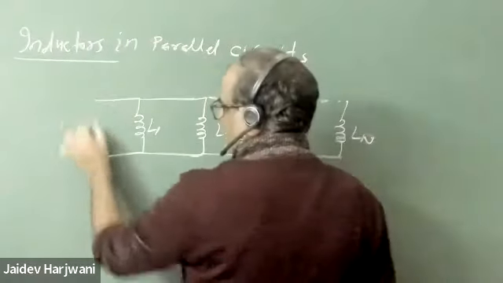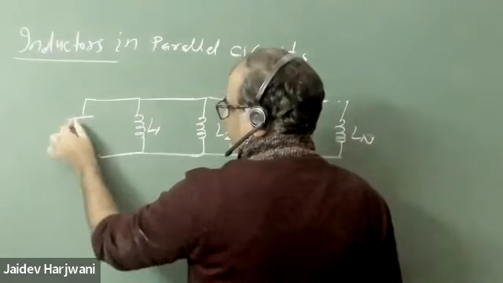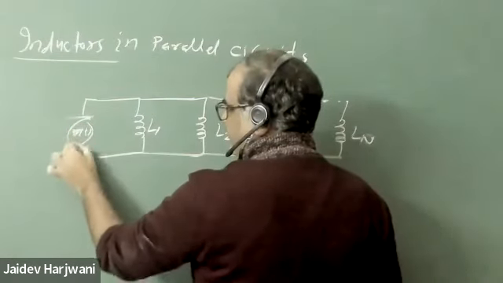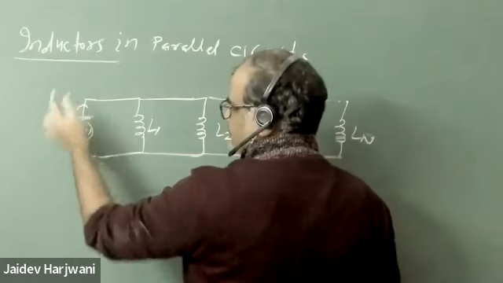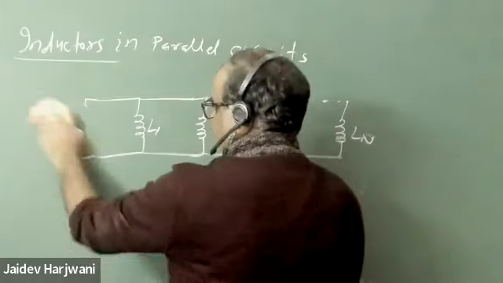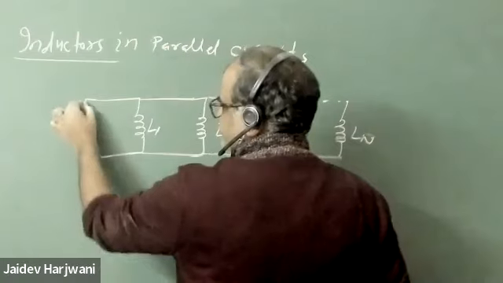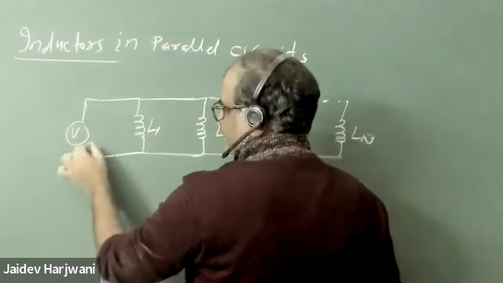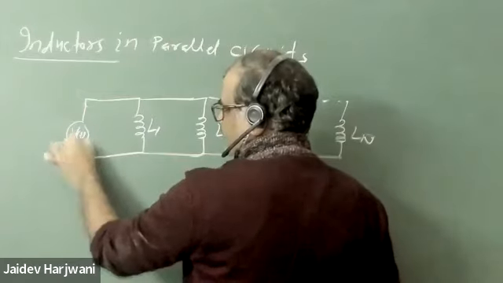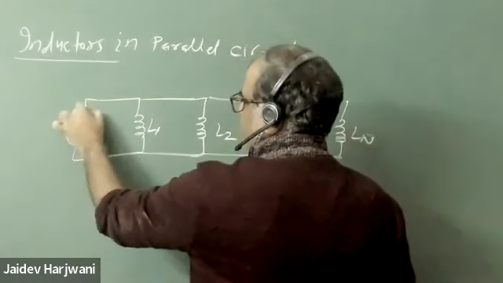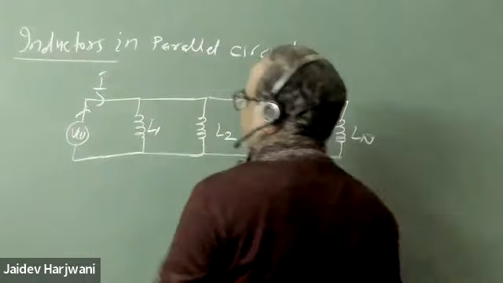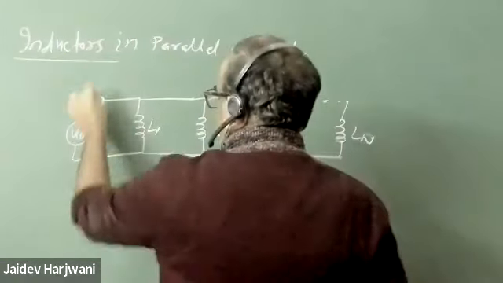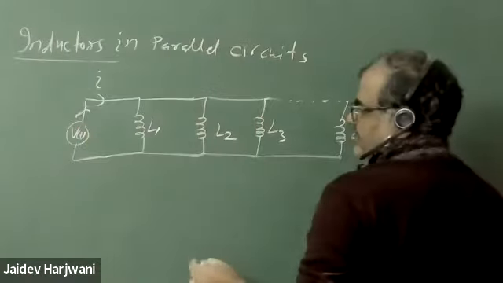and say a voltage Vt is applied, or say a current source is there. Say Vt, a function of t. So a current is coming here in the circuit, and that current has to divide as a function of time.